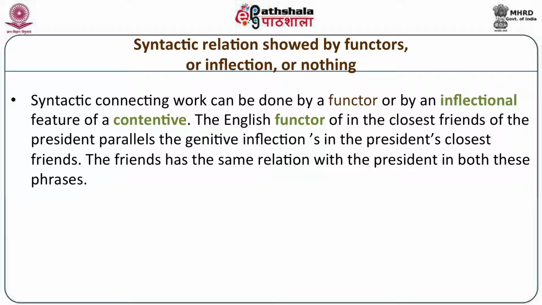Compare this with the friends of the president. Here the same connection is made not by a genitive ending, but by the preposition of. The friends of the president has the same meaning as the president's friends. Of corresponds to apostrophe S. So the inflection apostrophe S and the functor of are doing similar work.